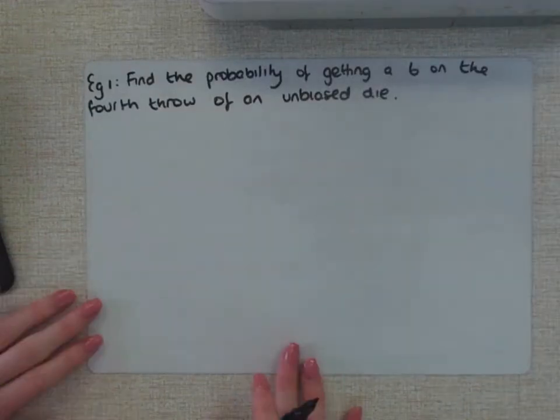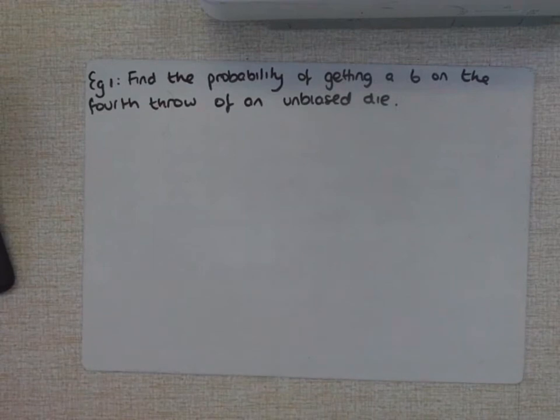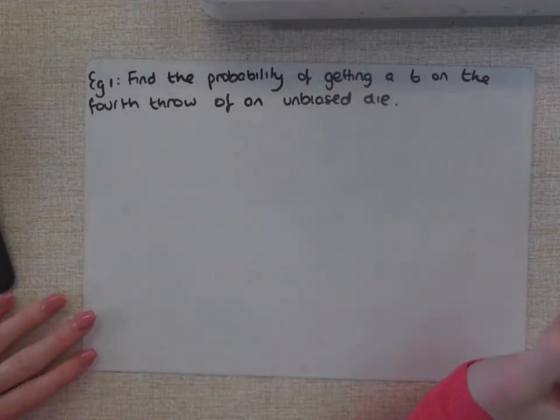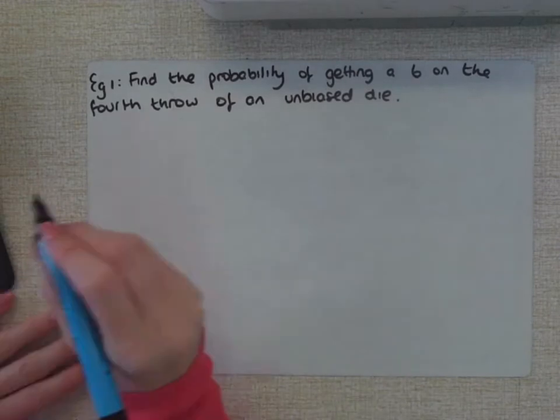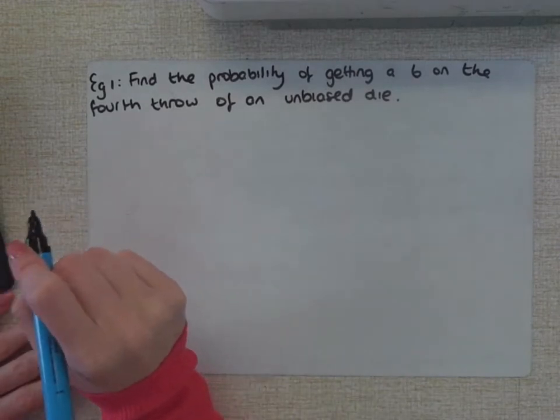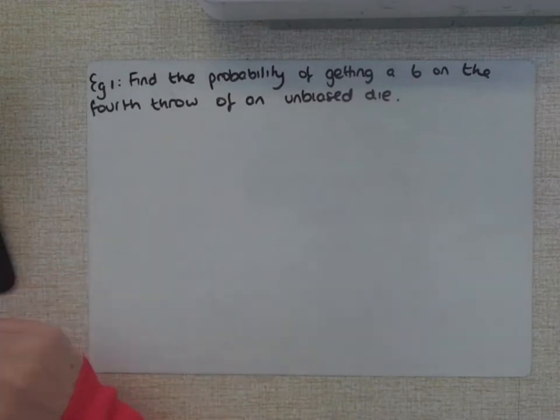Okay, find the probability of getting a 6 on the 4th throw of an unbiased die. I suppose this is the very basics of Bernoulli.